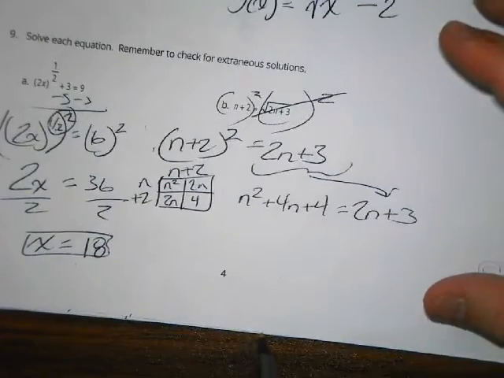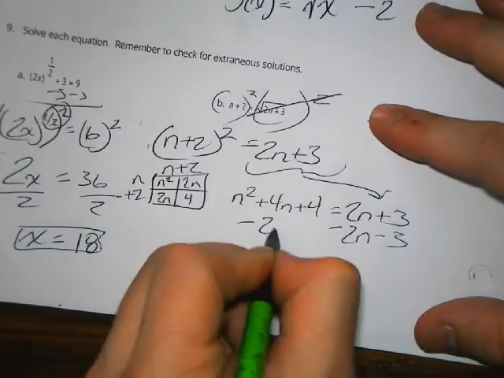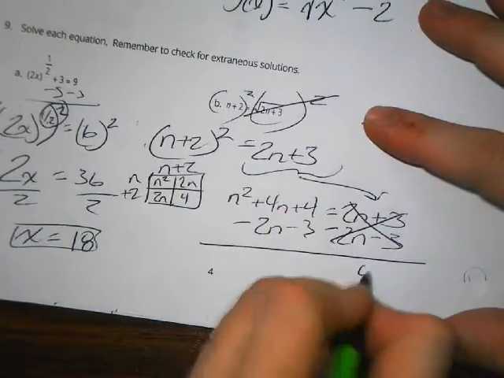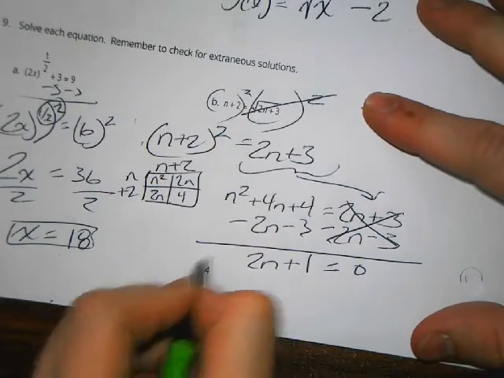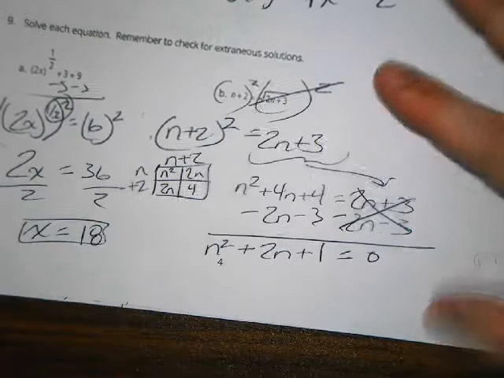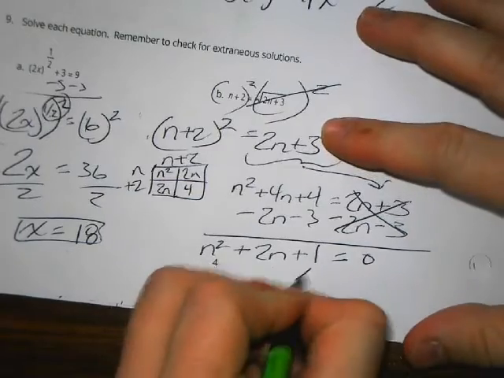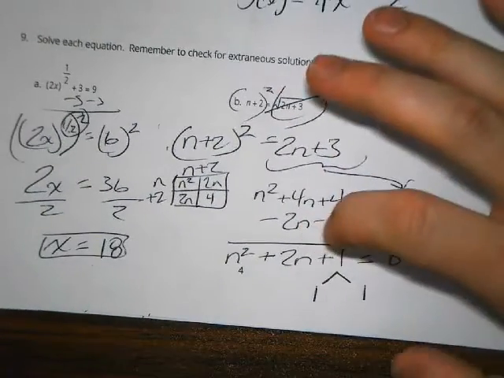Now we're ready to solve for zeros. Now we're ready to say that this side equals 0. Great. We can get here by saying that 1 times 1 is 1.